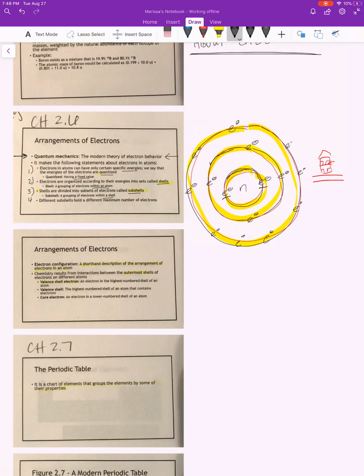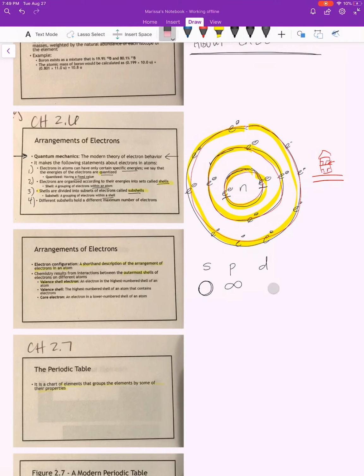And then the fourth rule is that different subshells hold a different number of electrons. So we have the S subshell, which is a nice spherical subshell, and then we have the P orbital, which is shaped like a dumbbell or a bow tie, and then we have the D's. These are different shapes, but most of them are kind of like a 4-leaf clover.